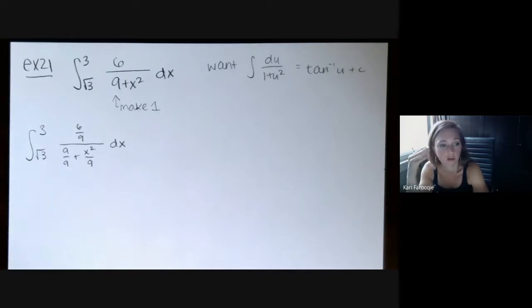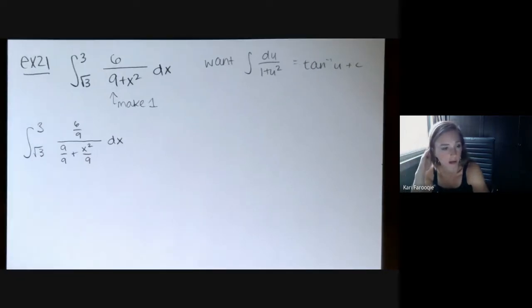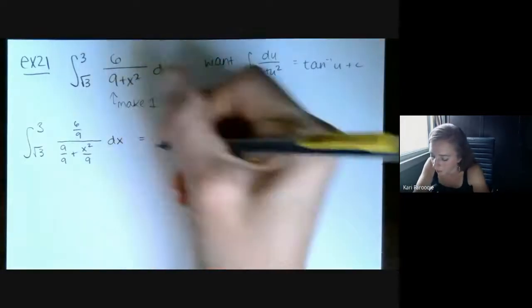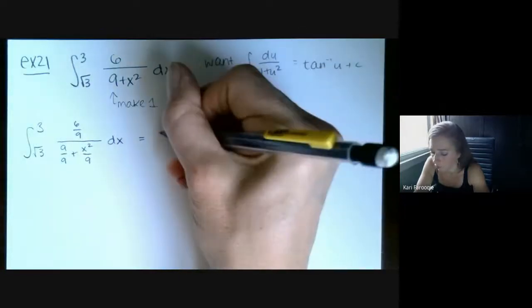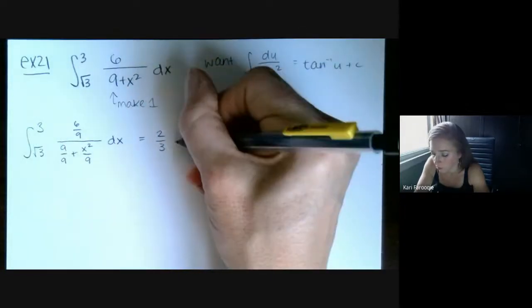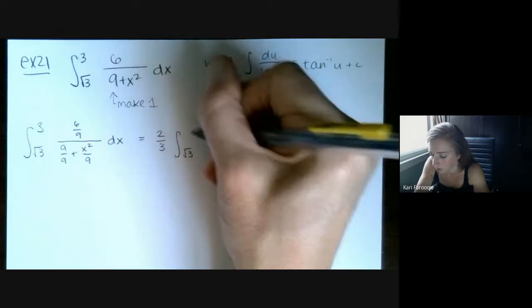But when I divide one term by 9, I have to divide all the terms by 9. So now I can rewrite this. If you want to move the 6/9 in front as 2/3 by reducing the fraction, fine.